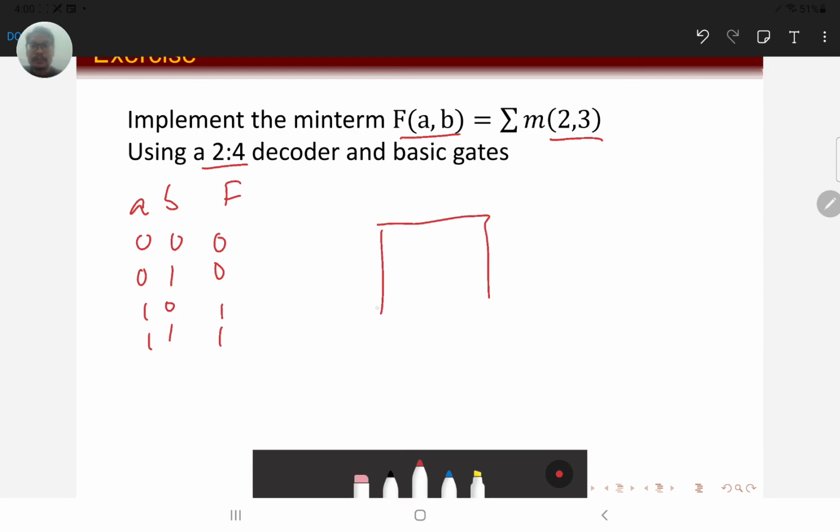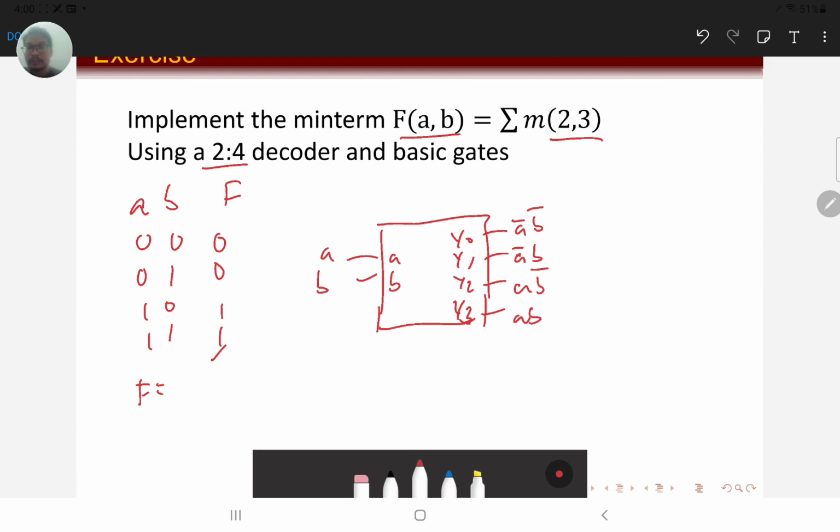And here we can implement the decoder like so. We have AB, Y0, Y1, Y2, Y3. You can see we put AB here, and we know that Y0 is A bar B bar. For this particular function F using the canonical SOP, we have A B bar plus AB, which is based on this.